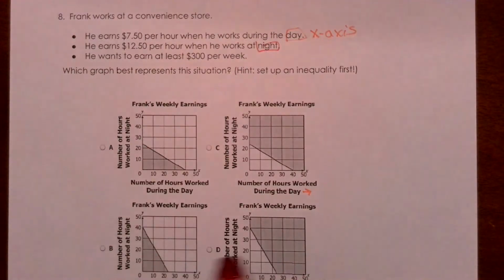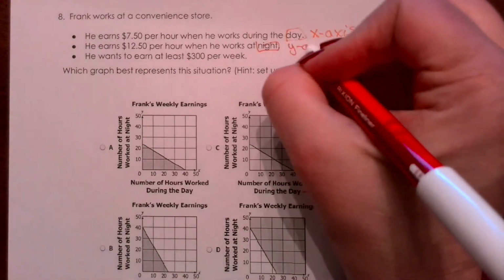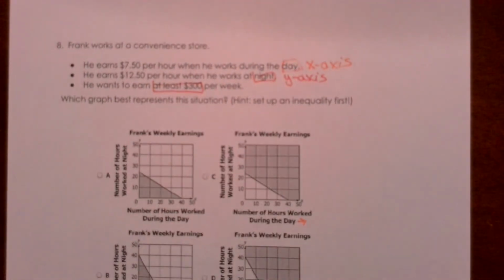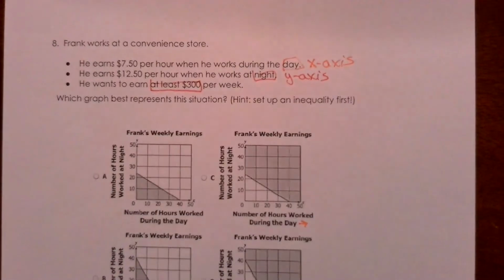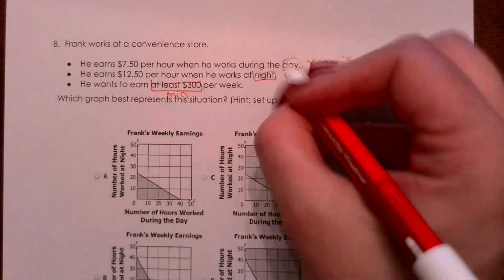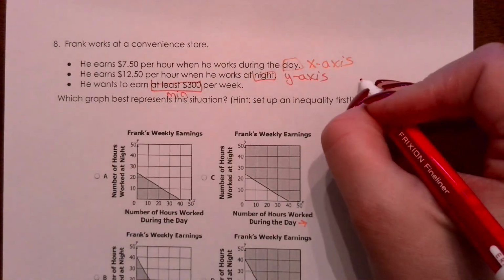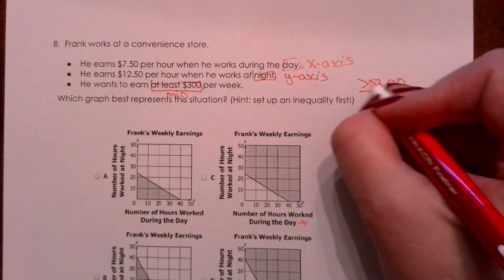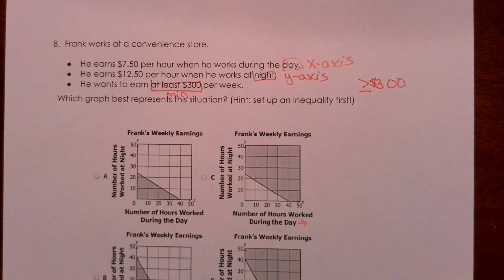And I can see the night is my y-axis. He wants to earn at least $300 per week. If I want $300 per week, do you think I'm going to be bothered if I make more? Nope. So this is a minimum. So that means he wants the amount he makes to be greater than or equal to $300. Greater than or equal to.